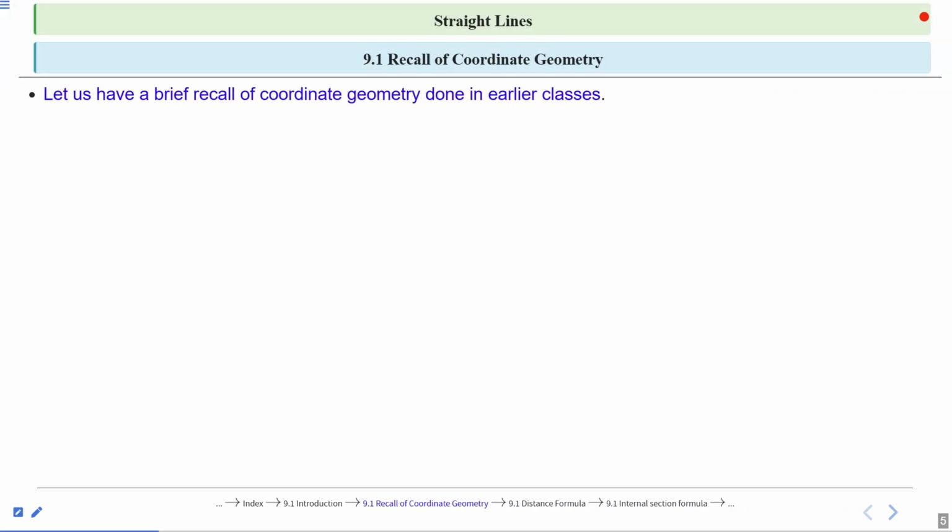Now let us have a brief recall of coordinate geometry done in earlier classes. First of all, we will recall the basics of coordinate geometry.